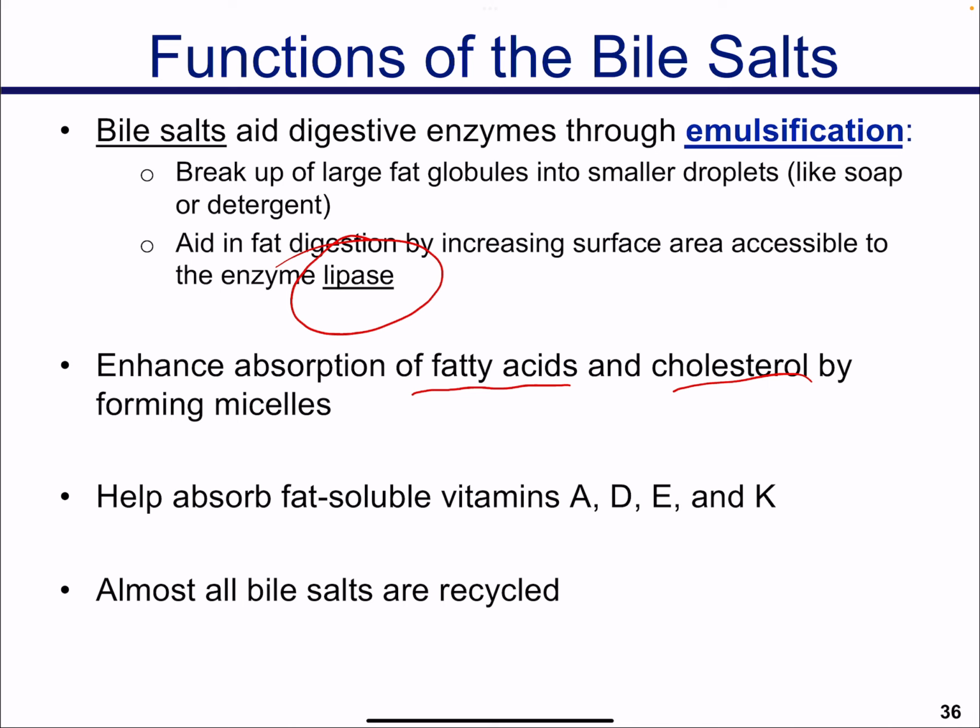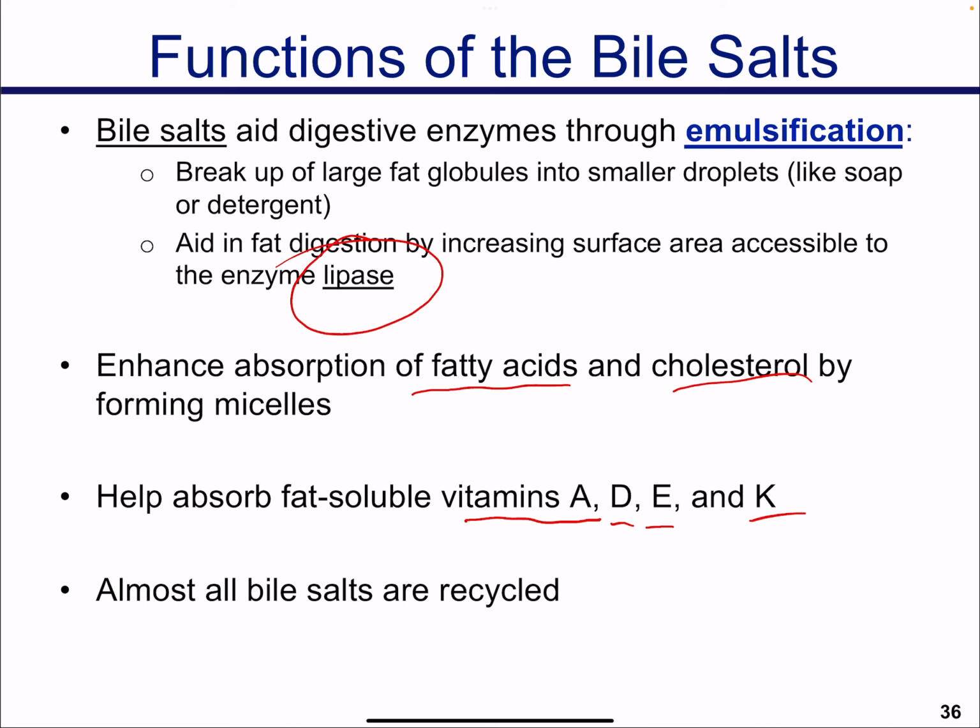And that absorption is going to basically take the fatty acids and cholesterol to the body, where they are going to benefit the body. The bile salt also helps a lot for absorption of non-water soluble vitamins, including vitamin A, which is not soluble in water, vitamin D, vitamin E, and vitamin K. Okay?